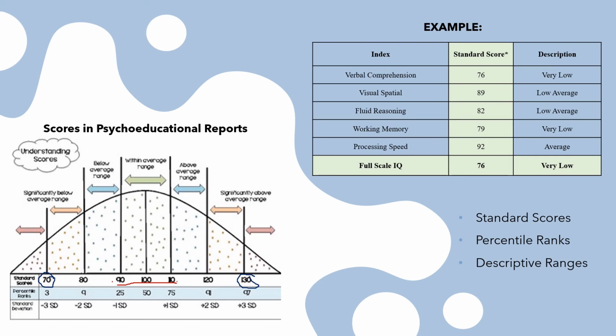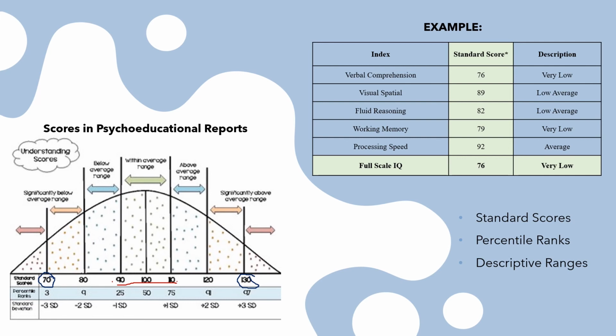These standard scores also coincide with what are called percentile ranks. So if you see here, a student who is in that average range would be from about the 25th to the 75th percentile. So we would expect a kid to fall somewhere between 25% and 75%.